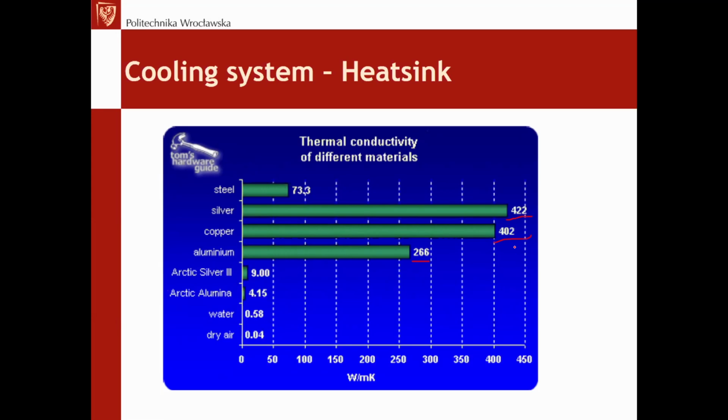Still, of course, silver, forget about it. It's absolutely not useful for any heatsink applications. Copper, frankly, we sometimes use for special cases where we really need the thermal conductivity to be better, because we have a gain from aluminium to copper. The gain is about 40% higher conductivity.